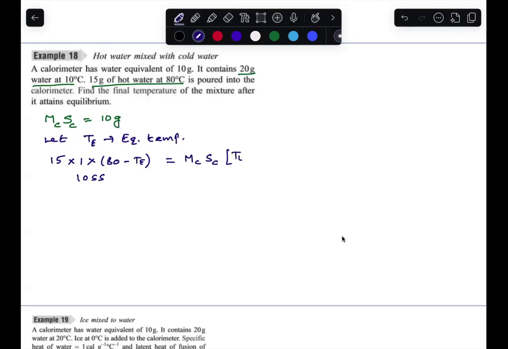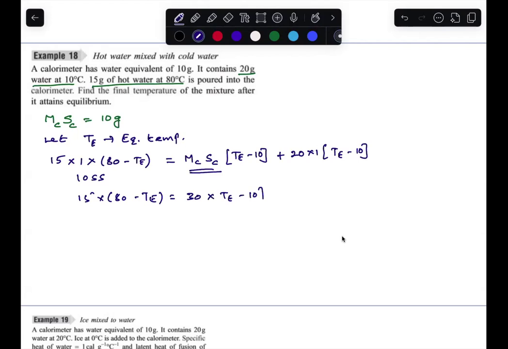And temperature raised from 10 to T. Similarly, you have 20 grams of water. Same situation. So 15 times 80 minus TE is, they have given as 10 units, 30 times TE minus 10.